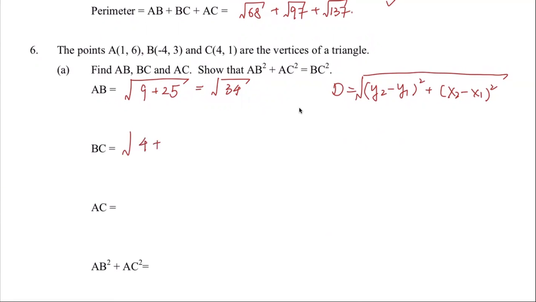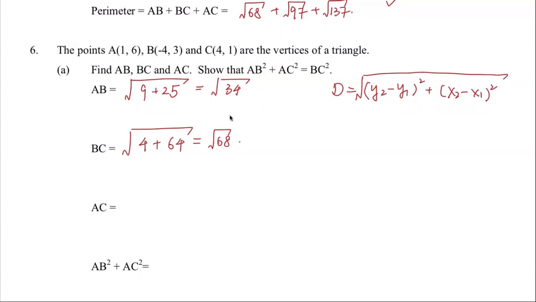Plus 4 minus minus 4, which is 8. 8 squared is 64. So this is equal to the square root of 68, right?